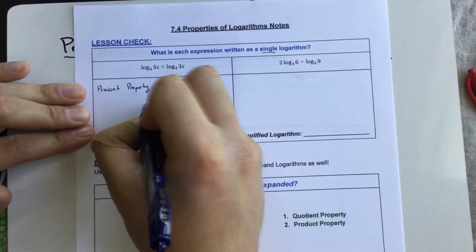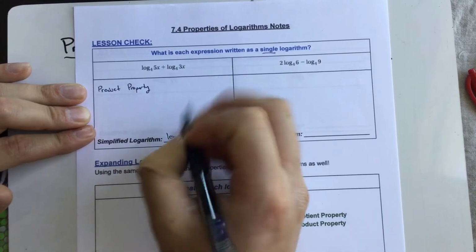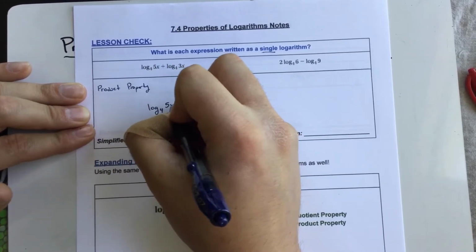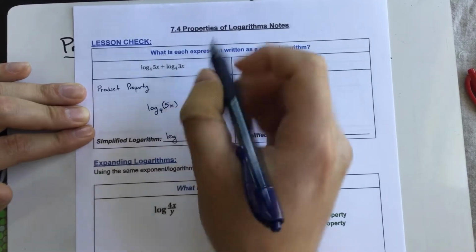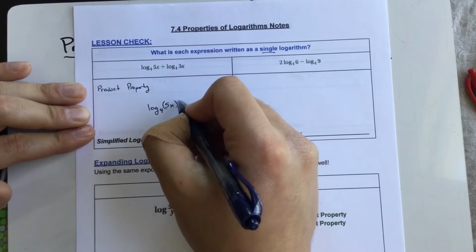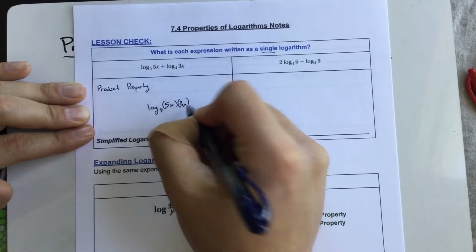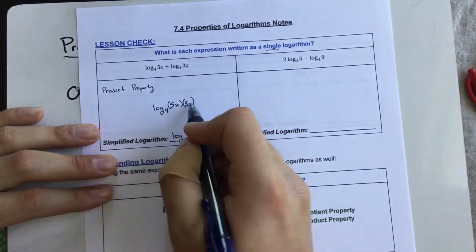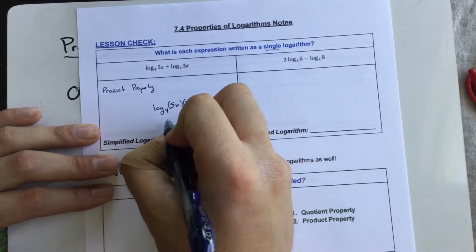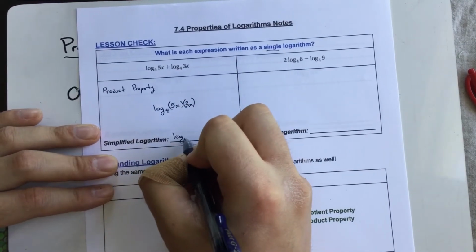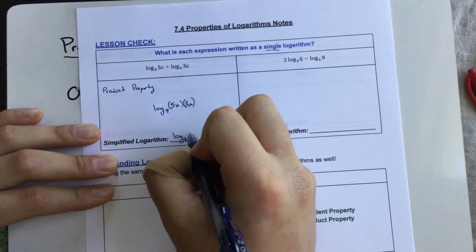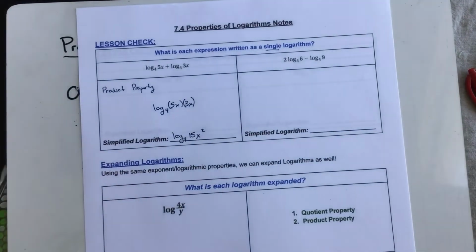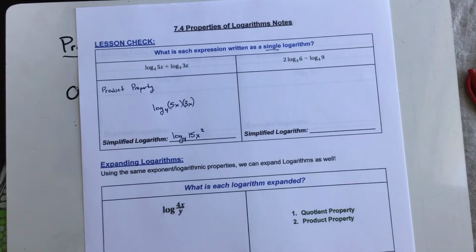So log base 4 of 5x times 3x, all in the same logarithm. So if I were to simplify this, I could write this as log base 4 of 15x squared. That is condensed.